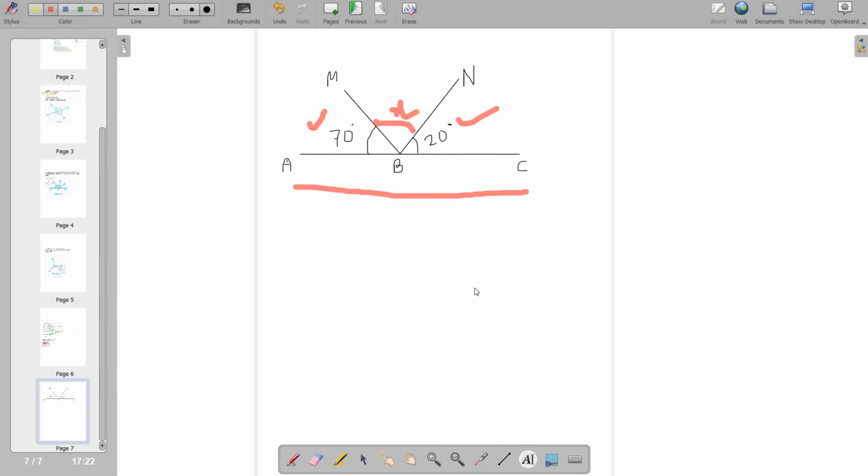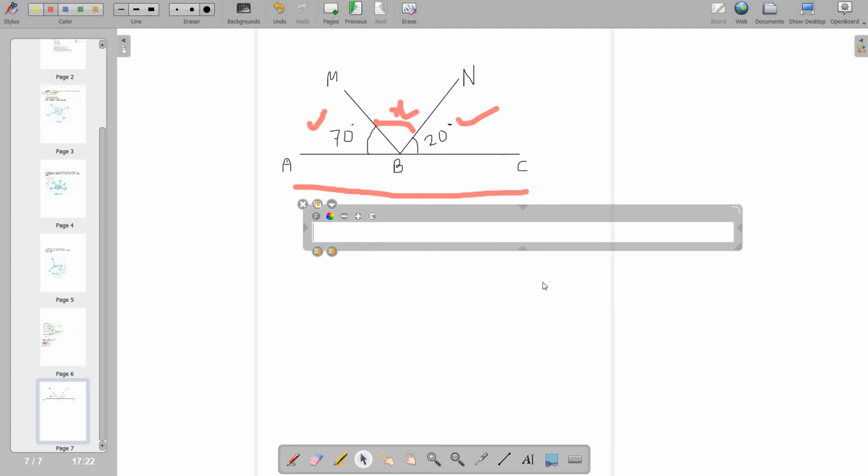Now let us see the concept. What is the concept? We know that angle ABC is equal to angle ABM plus MBN plus NBC.